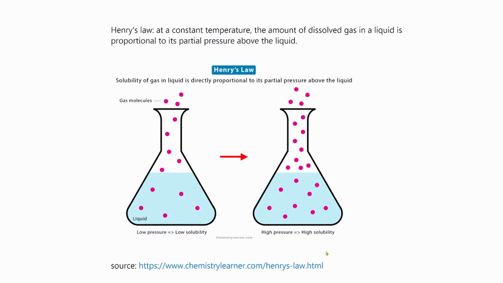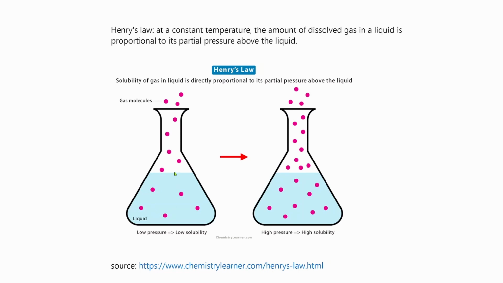Now we know the partial pressure of CO2 in our atmosphere, in the air. But how is it going to dissolve in the water? Therefore we use Henry's law, which is basically describing the relationship between the partial pressure of a gas above a solution and the concentration in the solution.